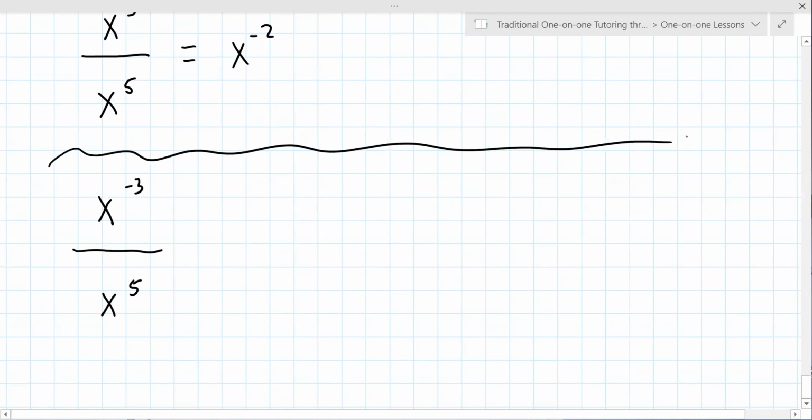So this is something new. This is x to the -3 minus 5. Actually, we've already done this type.